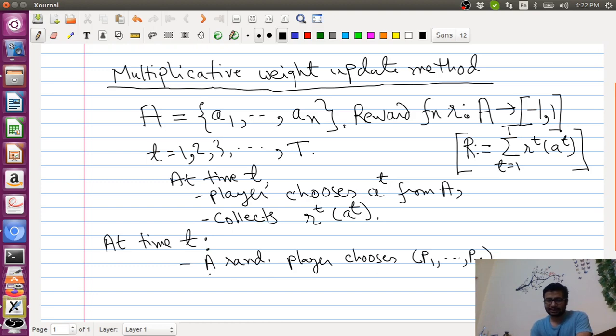And the reward, let me denote it by RW superscript t, is just the expectation of the reward values of the actions when sampled from this probability distribution.